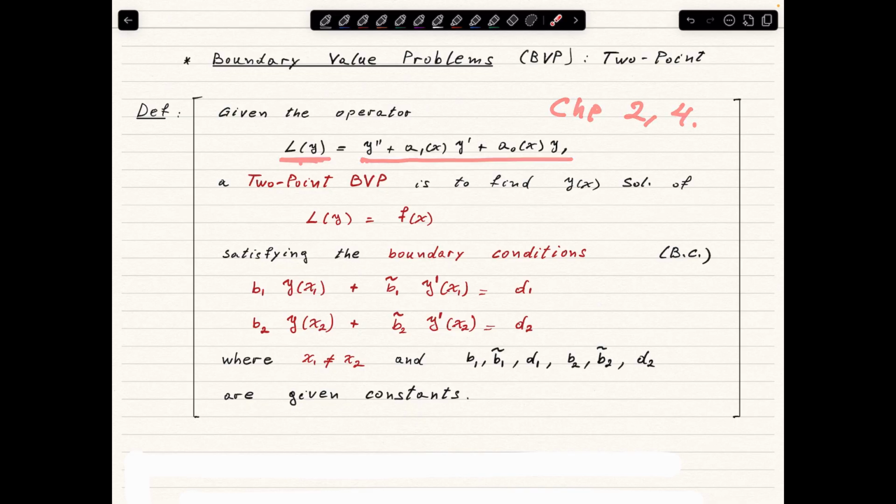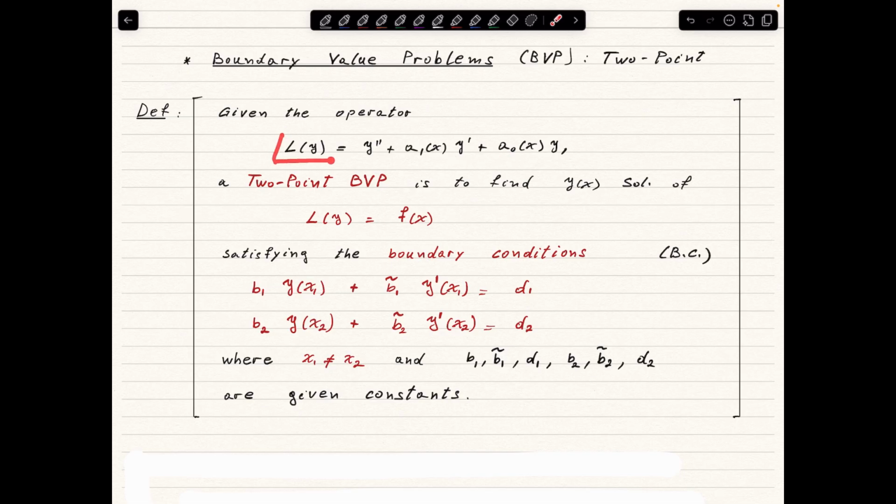A second order linear operator acting on a function y is equal to the second derivative of y, plus some function of x times the derivative of y, plus some other function times the function y.